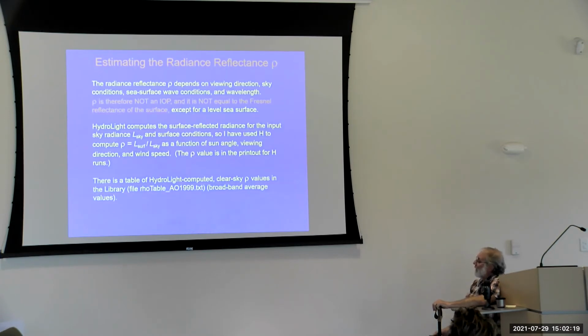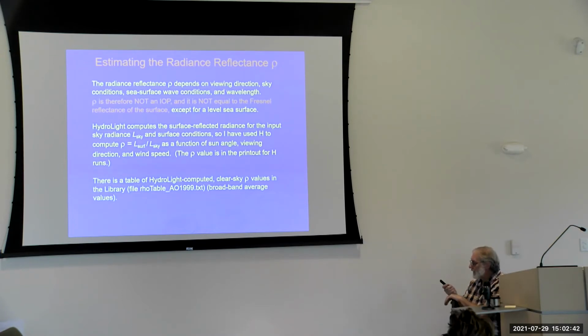So this whole business of where do you get this rho value all goes back to this class about 20 years ago, when people were saying, well, okay, where do I get the rho value? And the answer is, well, you know, use 0.02 or use 0.03 or whatever. And that was it.